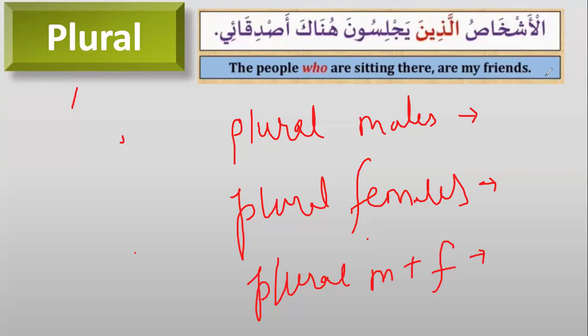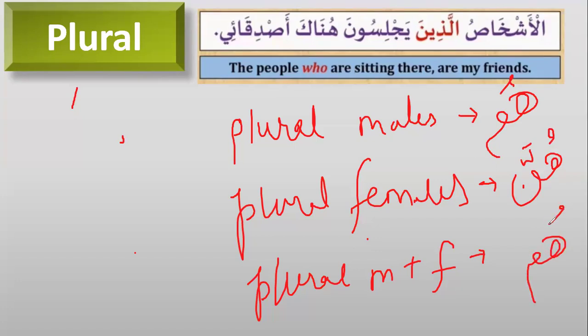If you are talking about plural male and females, you use hum, as in the detached pronoun; for females only there is hunna. But when there is a mixture of male and female both, we use hum. Here also people means there is a mixture. It is not the case that only males are there.